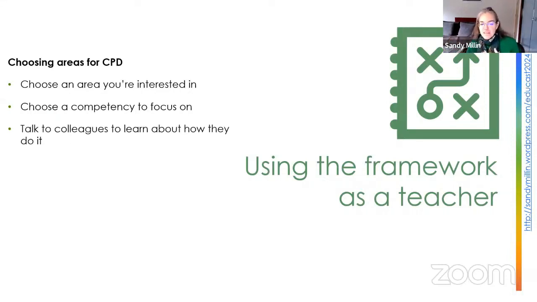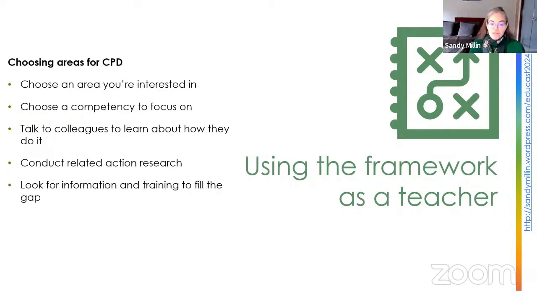And then talk to colleagues to find out how they do this thing in their materials. If they don't do it, that's also useful because you can maybe work together to learn how to improve it. Do some action research, try some things out in your classroom. You can look for information or look for training to fill the gap. You can look at some of the books that I mentioned.